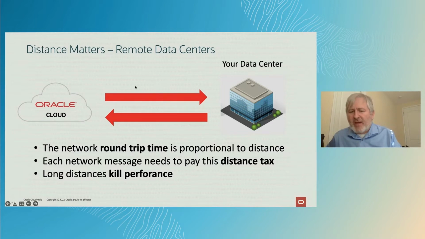So I talk about the distance tax for the overhead of sending those messages over the wire between cities. Why does this matter? The further the source and the destination are apart, the longer it's going to take. So we can dumb that down to long distances kill performance.